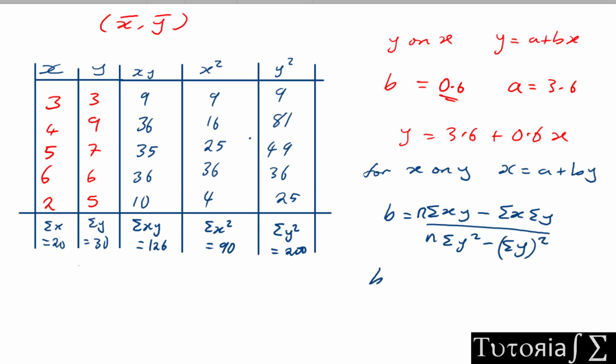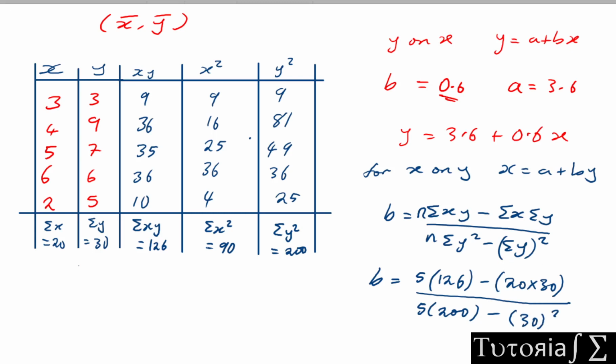So again, just replacing there. Our n is 5, summation of xy is 126, minus summation of x, which is 20, times 30, then everything all over n, which is 5, summation of y squared, which is 200, minus summation of y, then everything squared, so that will be 30 squared.